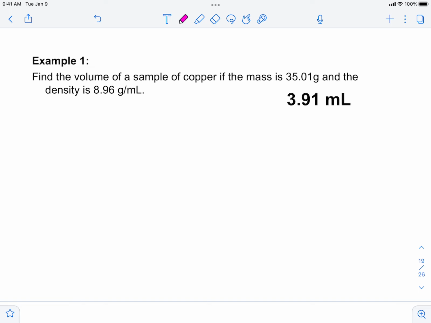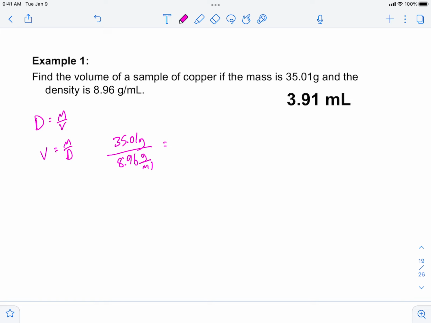So, find the volume of a sample of copper if the mass is given and the density is given. Okay, so if density is equal to mass over volume, and remember we want to find volume, that means volume is equal to mass over density. I'm going to take my 35.01 grams and divide it by 8.96 grams per milliliter.